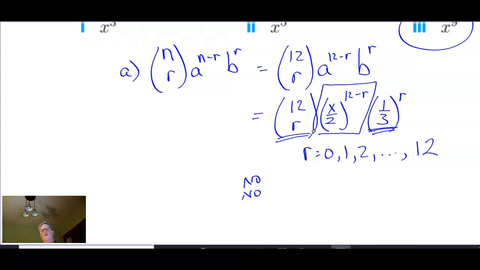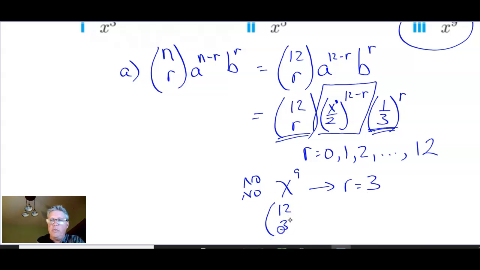Yeah. So some of these are going to be straightforward. Focus on what you want. We want x to the ninth. What would r have to be for that to be a 9? Because it's x to the first, so x to the first to the ninth will give us x to the ninth. And again, it is r equal to 3. No, r is not always equal to 3, but it is in this random case.